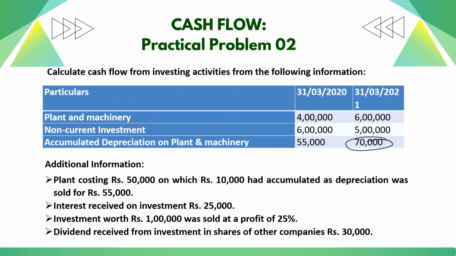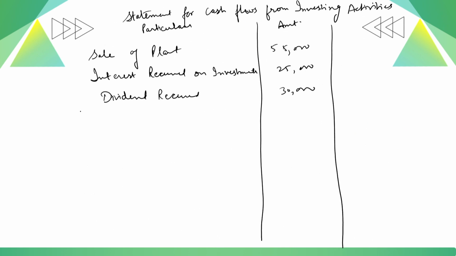So there is a sale of 1 lakh rupees as an investment, but it is written in the fourth point that investment worth rupees 1 lakh was sold at a profit of 25%, means the sale proceeds of investment would be 1 lakh plus 25% of 1 lakh, which comes to rupees 1,25,000.